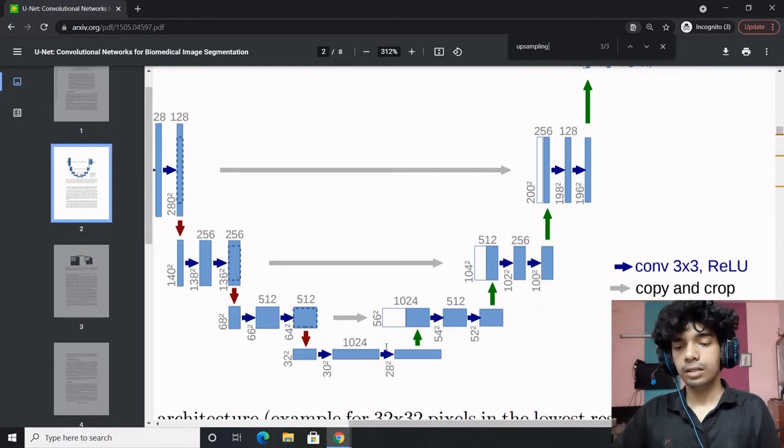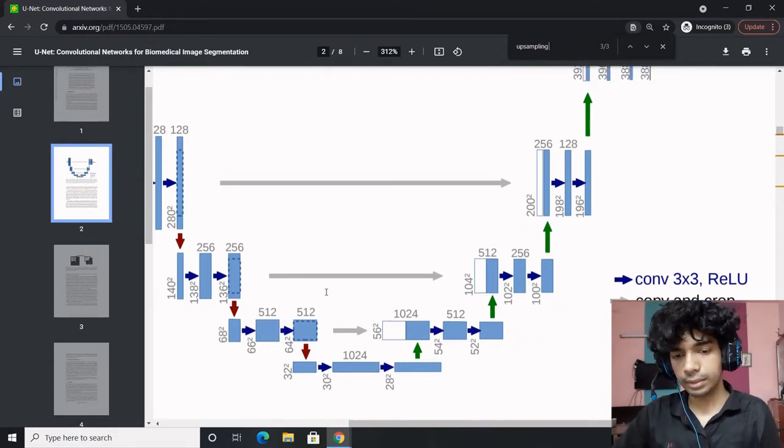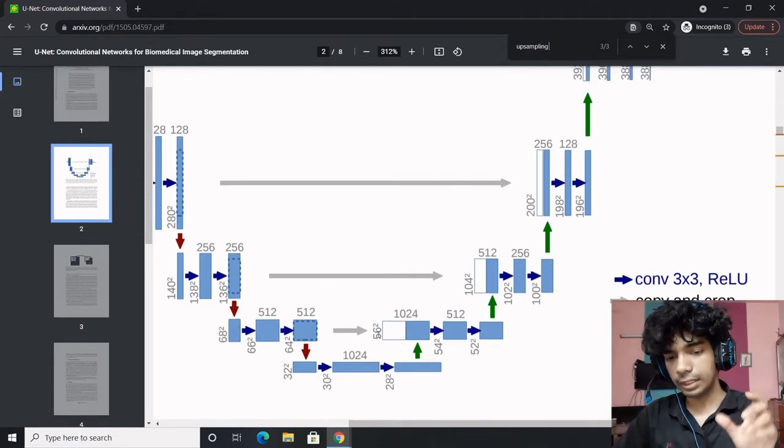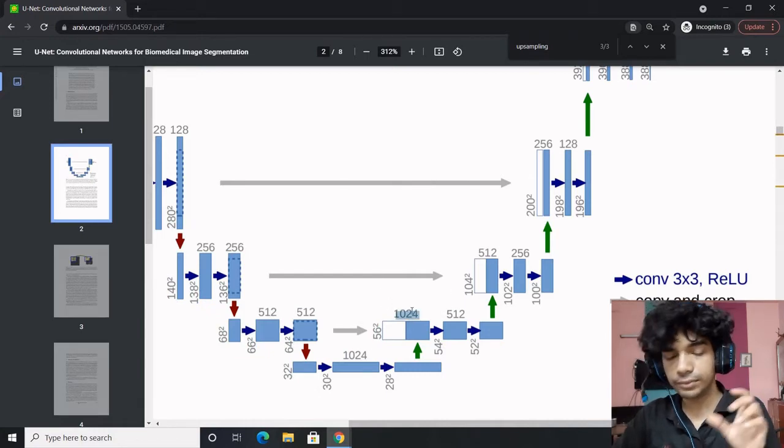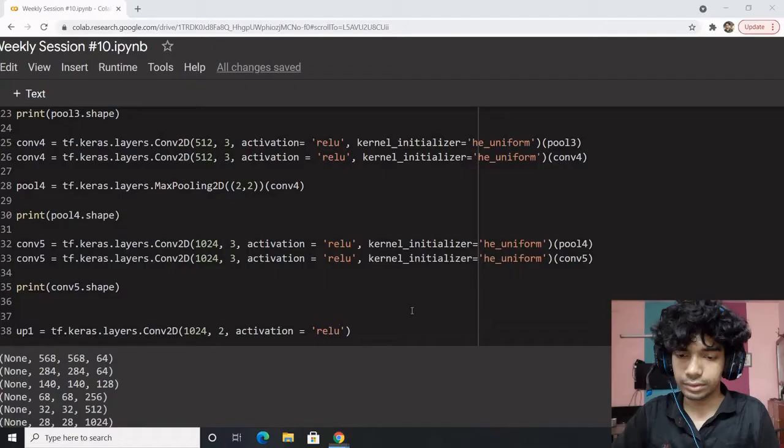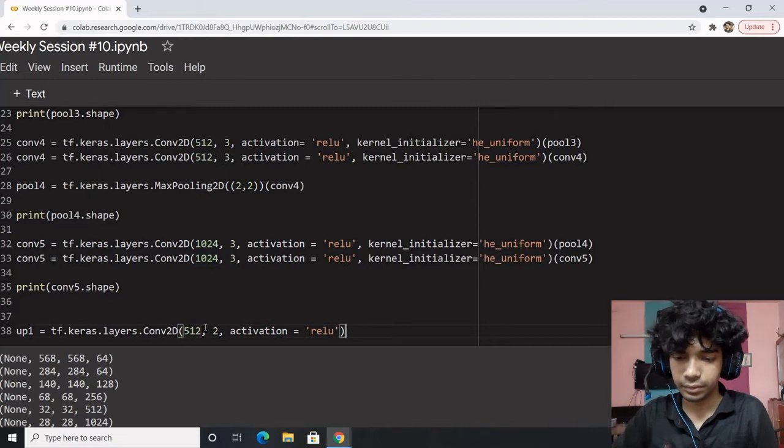Yeah, where were we? Also remember that at any level, the number of filters will correspond to this. So here also 512, and 512 concatenates with 512, it becomes 1024, right? So here the number of filters would not be 1024, it would be 512.